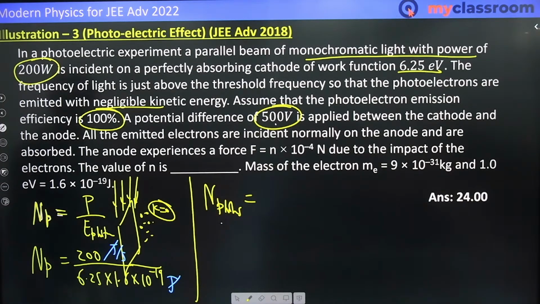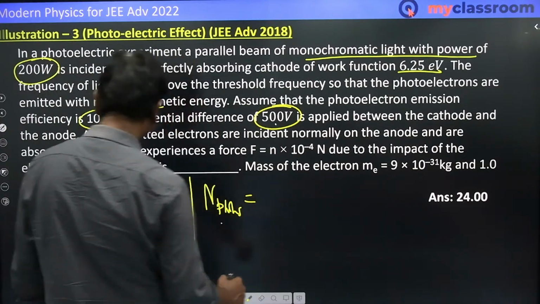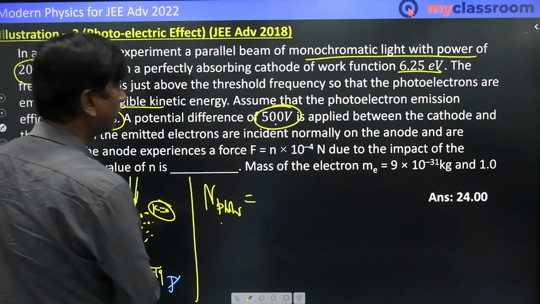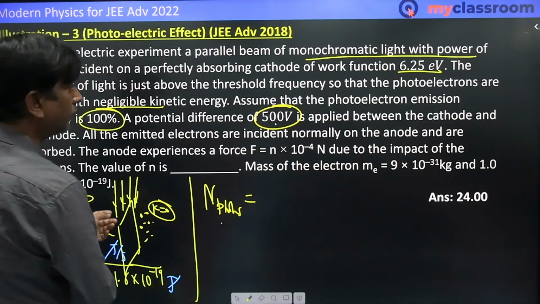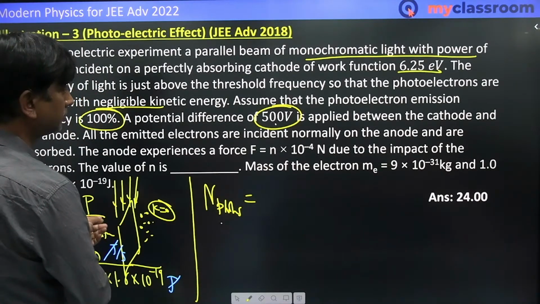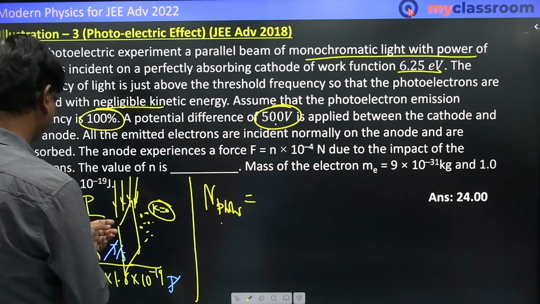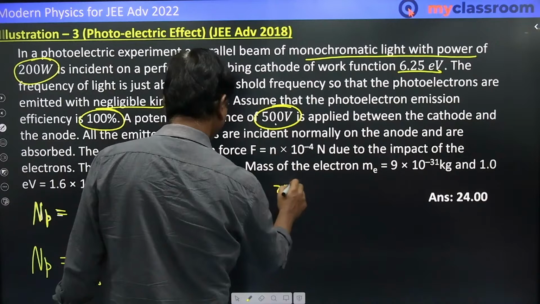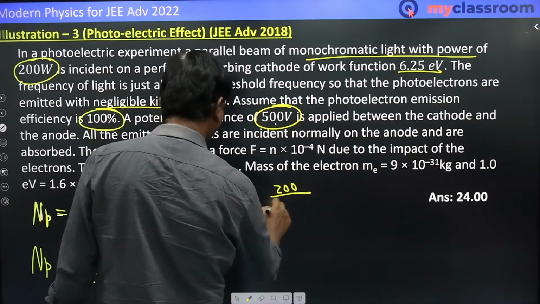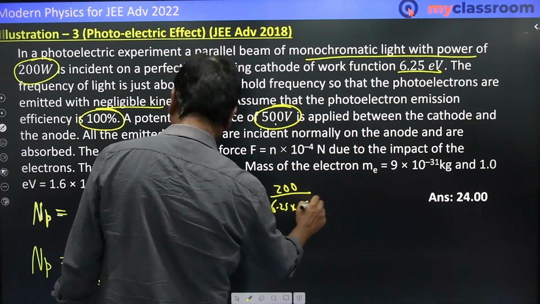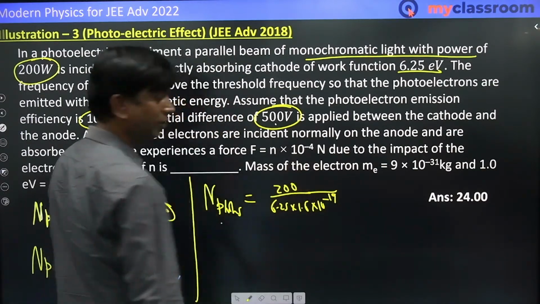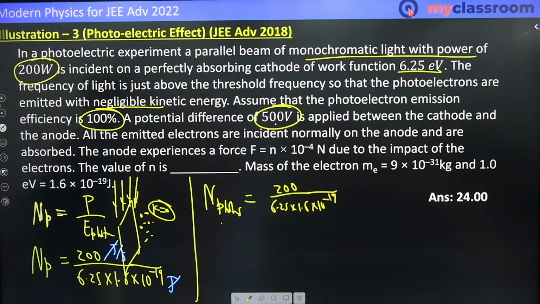All these calculations, try to make it, or keep it like that. It is a very good, huge number because 10 power 19 is going up.